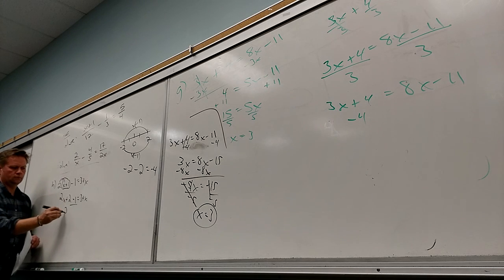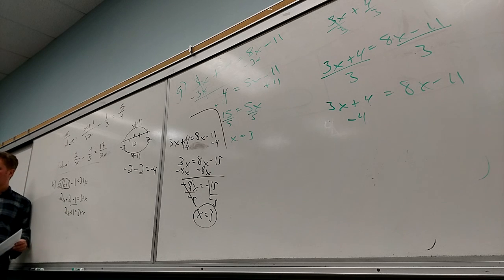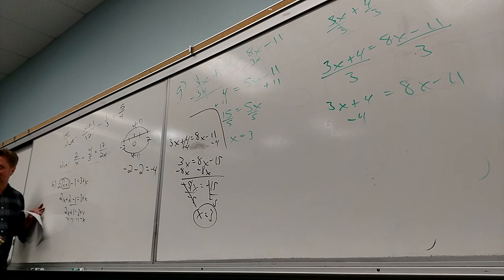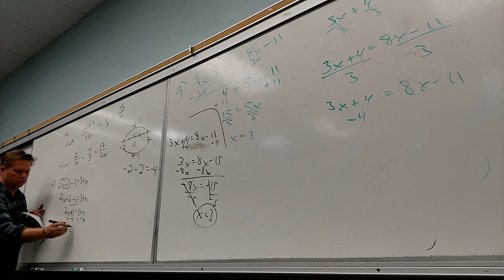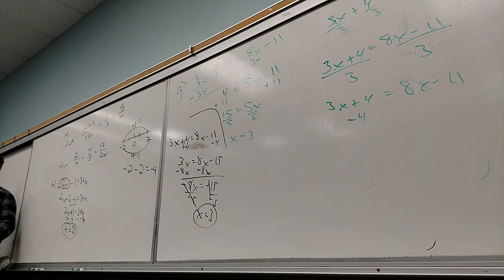Yes? Yeah, so I would subtract x. And subtract, let me see if I can do two things at once. So we get x equals 2, done. The negative 2, yeah.